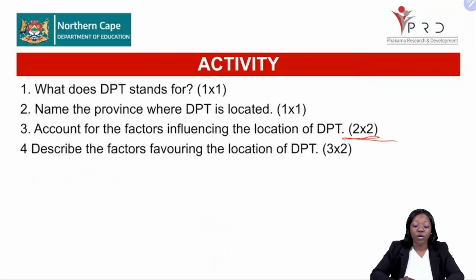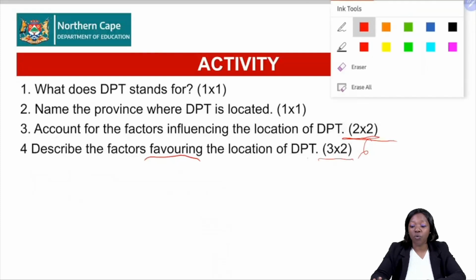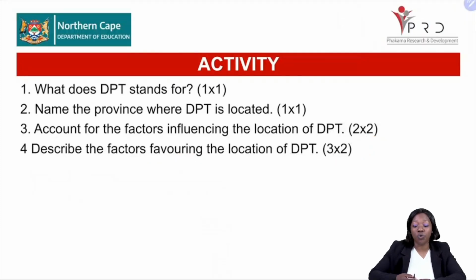Then number 4, you describe the factors that favor the location of PDT, 3 times 2. Three responses that will give you the total of 6 marks. So I'm going to give you 7 minutes to answer these 4 questions, and then after 7 minutes, we will proceed to your corrections.